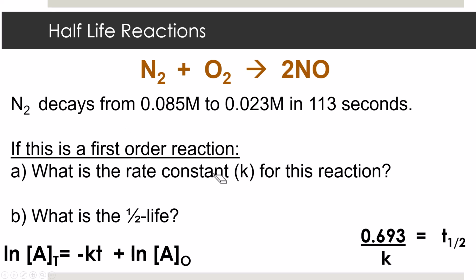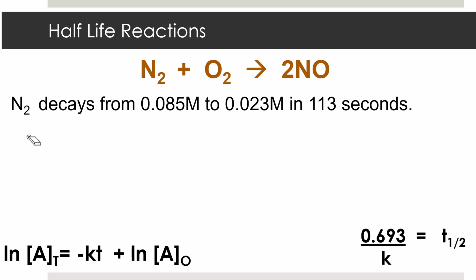It's asking for the rate constant k, which means I must know the half-life if I'm going to solve for k. Do I know the half-life for this reaction? I don't. That's literally what it's asking for in the second half. So I cannot use this equation to solve for k. I must use that later. I'm going to have to use this other equation to solve for k.